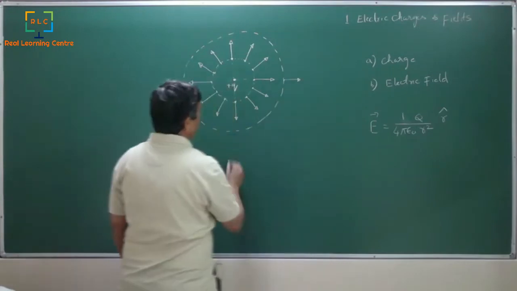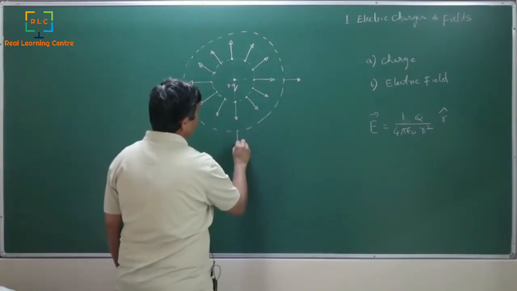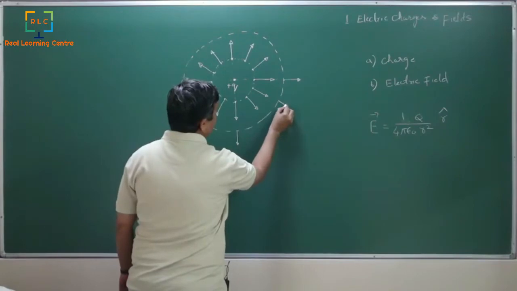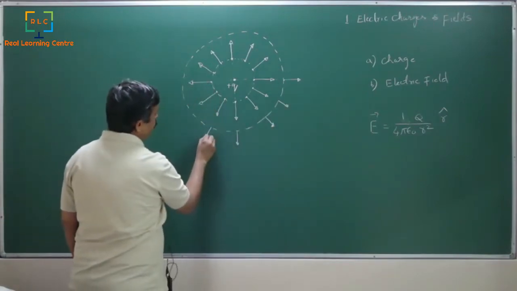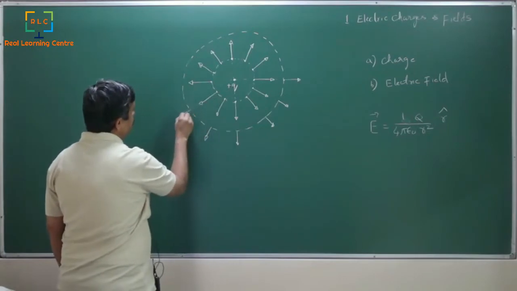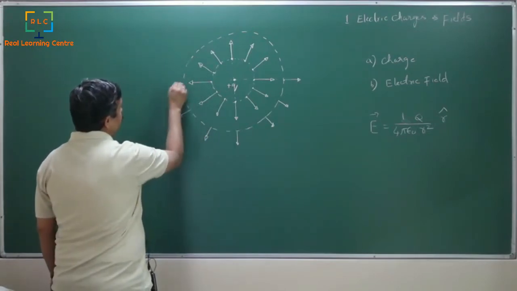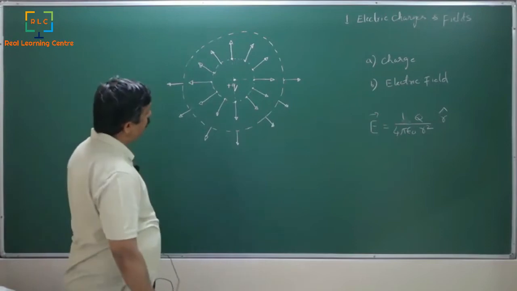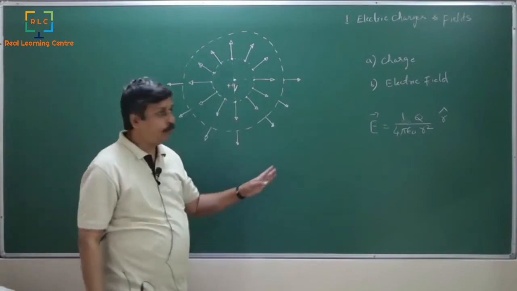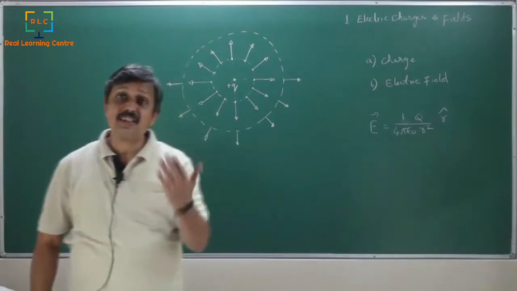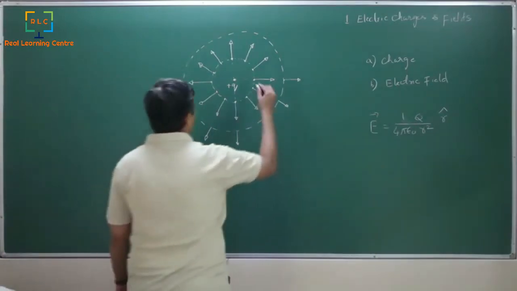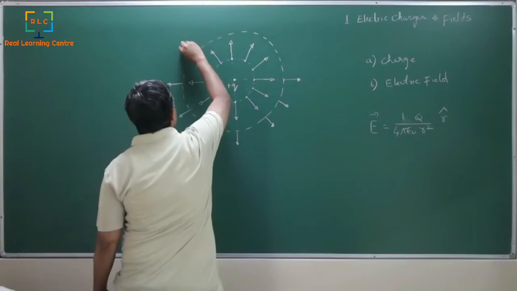You can see that these all have lesser magnitude than the other one. Everywhere it is slightly lesser, mainly owing to the distance. It varies inversely as the square of the distance, the inverse square law, so they are all smaller.